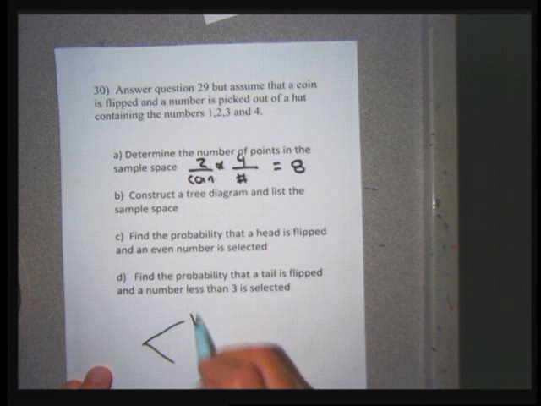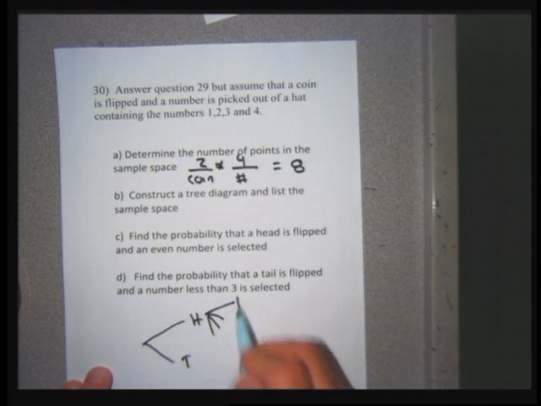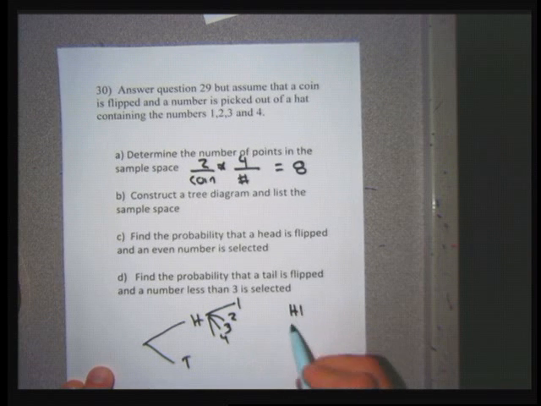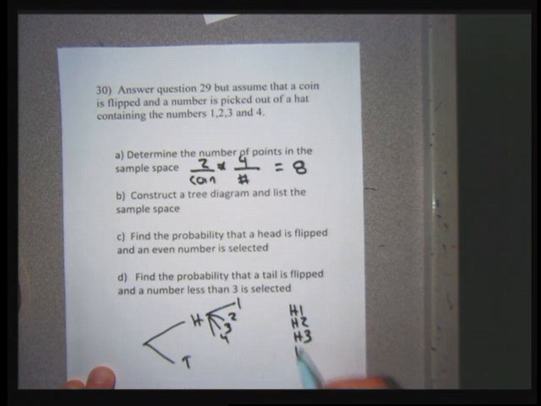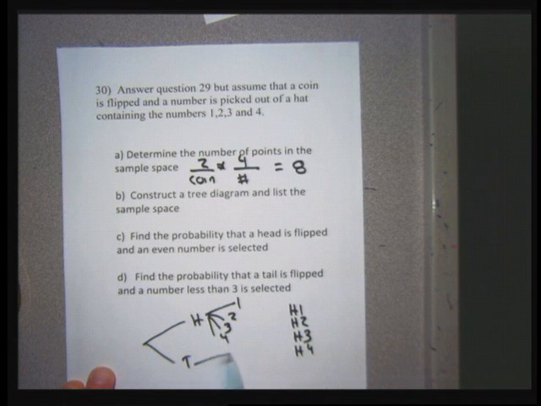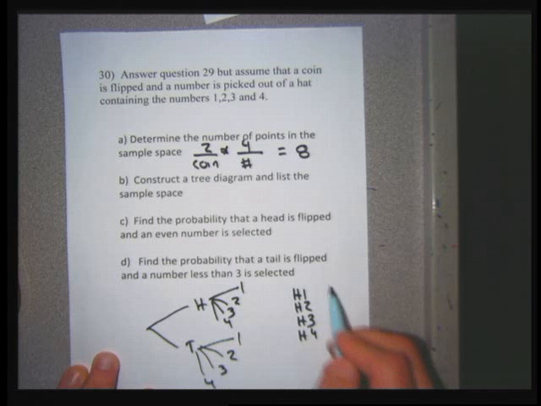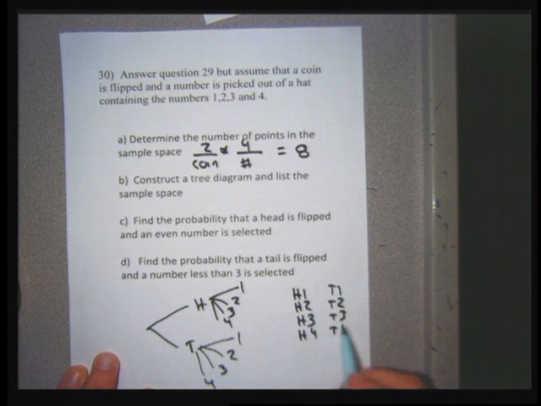I can get a head or a tail, and then after the head, I can get the numbers 1, 2, 3, and 4. So I could get a head followed by a 1, a head followed by a 2, a head followed by a 3, or a head followed by a 4. And similarly for the tail, I could get a tail followed by a 1, a tail followed by a 2, a tail followed by a 3, a tail followed by a 4.